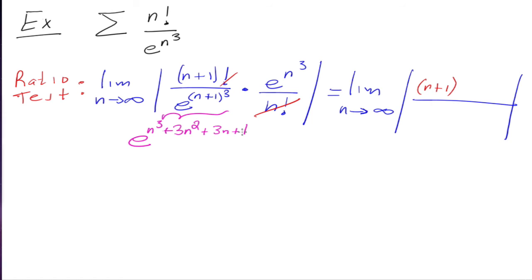So then the e to the n cubes cancel. The only thing that's left over is e to the 3n squared plus 3n plus 1, right?